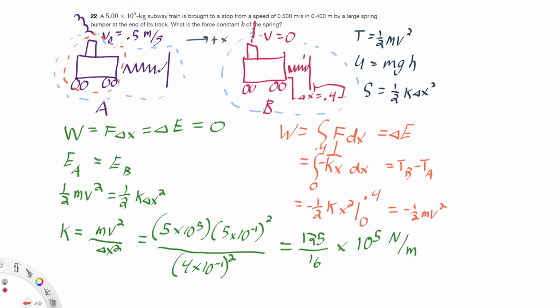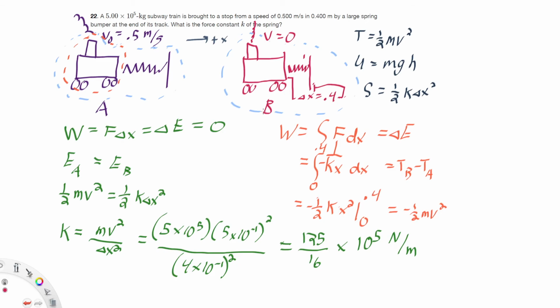That's an illustration of why work and energy is in some ways a much more powerful tool than kinematics. So the kinematics we developed in the first couple of chapters, we could only deal with situations where the acceleration was constant. Now that we have energetics, we actually don't care what the acceleration is. We care what the situation looks like at A and what it looks like at B. We don't care at all what happens in the middle.